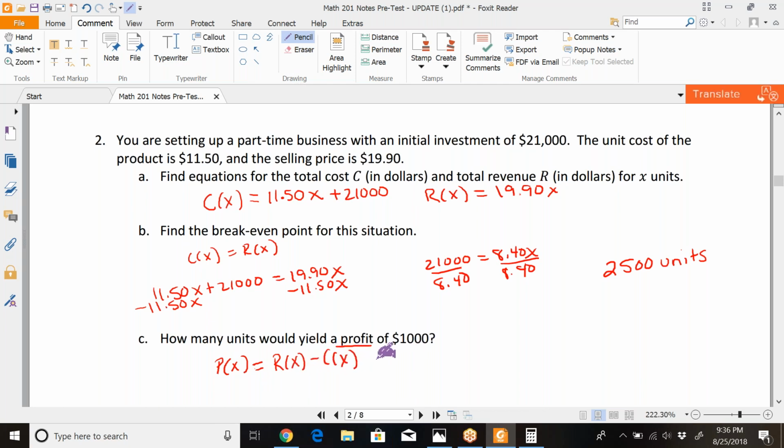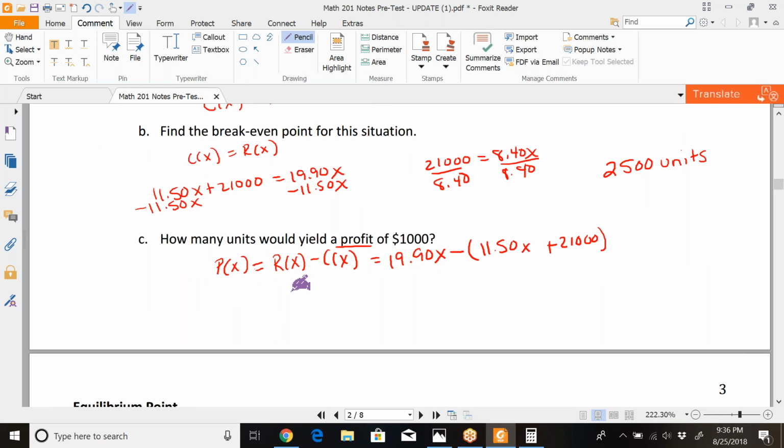So if we plug in R of x, it's 19.90x, and then minus the whole cost function. You want to put that in parentheses, and you're going to distribute that negative. So the profit function is 19.90x minus 11.50x minus 21,000.